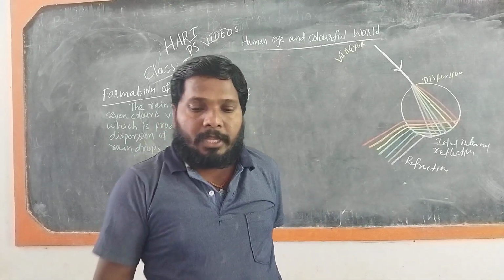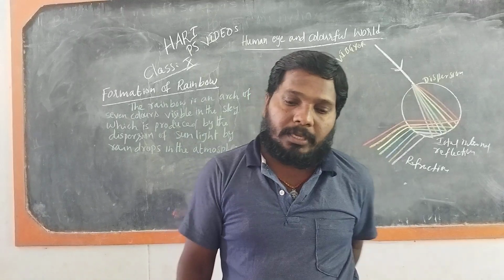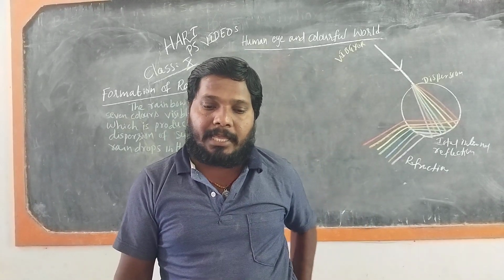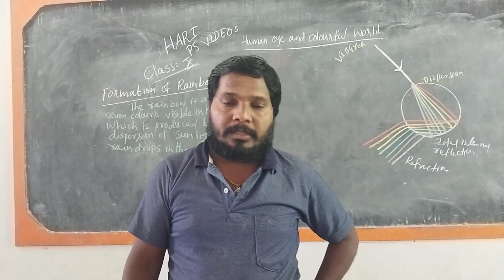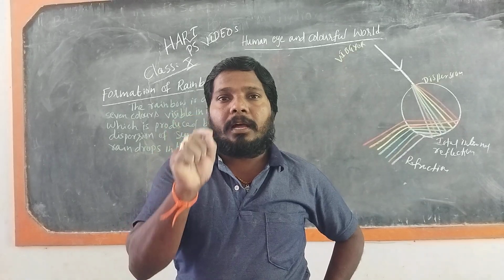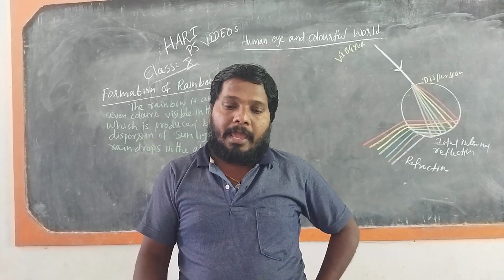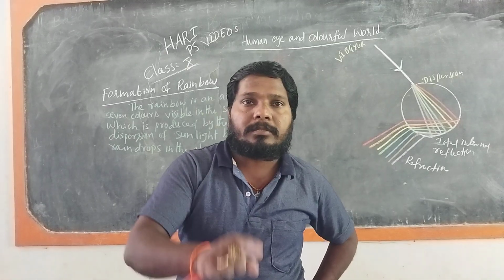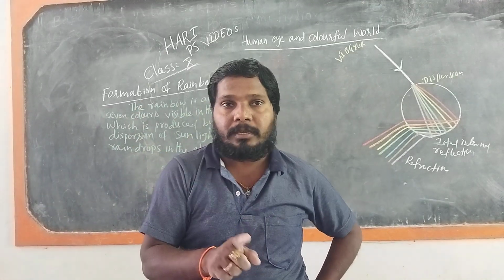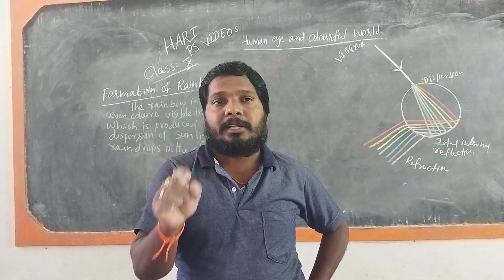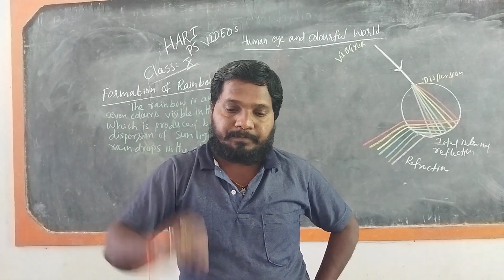The raindrops in the atmosphere act as many small prisms. As white light enters and leaves the prism, the white light is split into various colors.